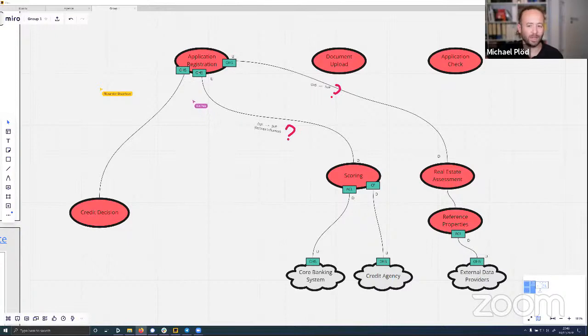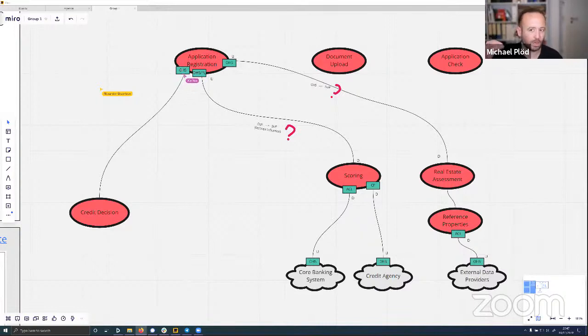And the application registration can have an open host service which speaks that model. And the same goes also for the application check. Application marked as checked event, and you add the checked, corrected application form in there. You can also speak that published language.